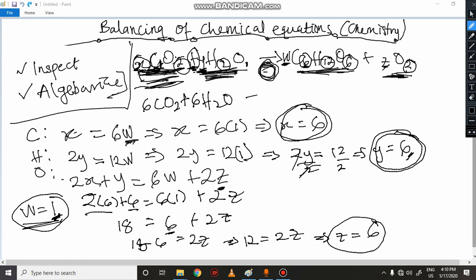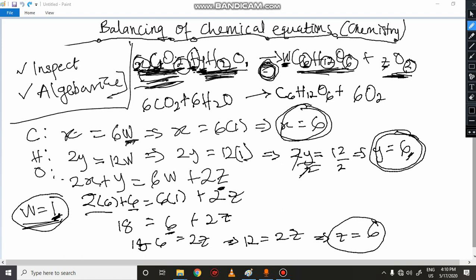Then W was 1, so you don't have to write it. 1 is just multiplying, so let's not write it. So C6H12O6 plus, then you go to z, which was also 6, so 6O2.